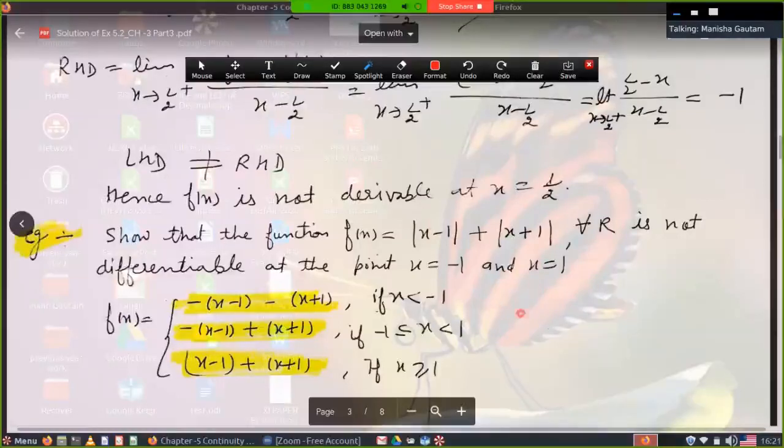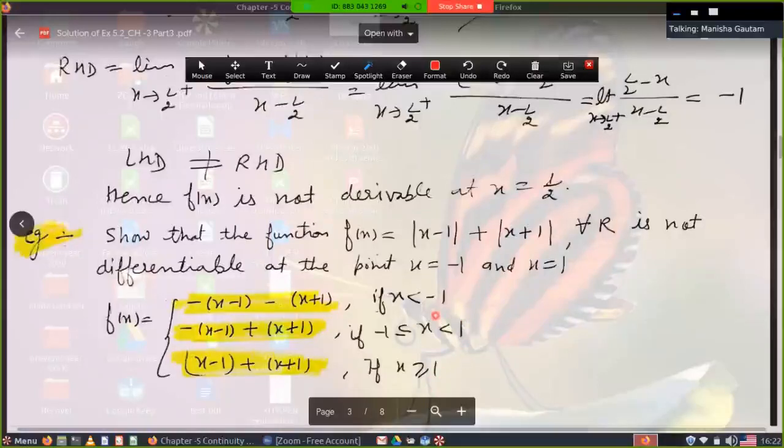Now the whole number line is divided into 3 parts. Suppose the number line having minus 1, 0, 1 and extending on the right hand side and left hand side. What will you get? The first interval is x less than minus 1, the second interval is x greater than or equal to minus 1 and less than 1, and the third interval will be x greater than or equal to 1.